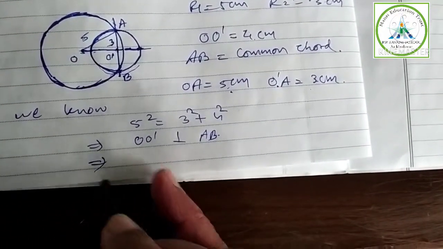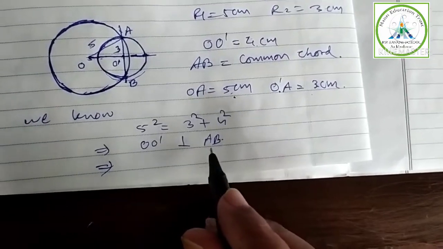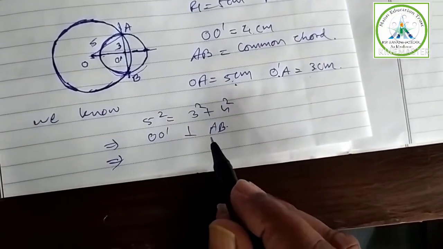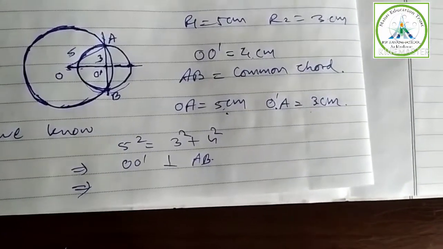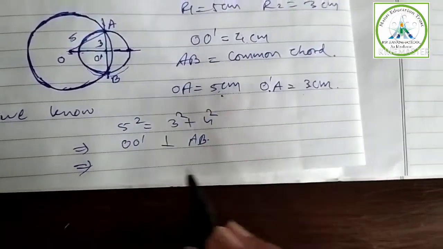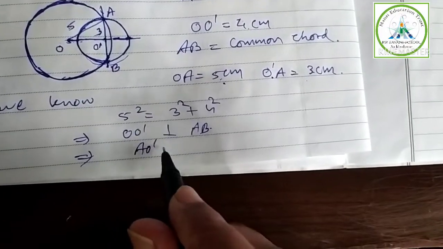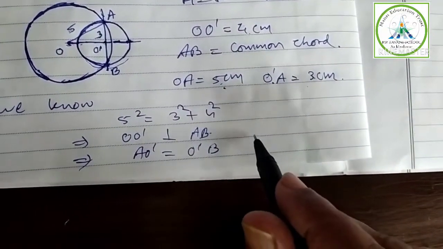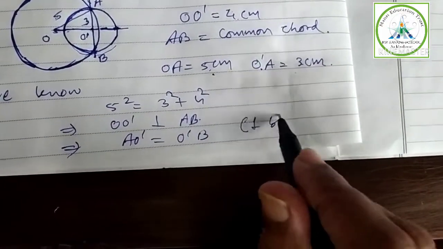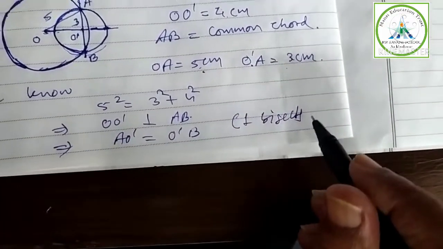Okay, this implies if O dash is perpendicular to the chord AB, we know the perpendicular from the center to the chord bisects the chord. This implies that AO dash equal to O dash B. Yes or no? See, perpendicular bisects the chord.